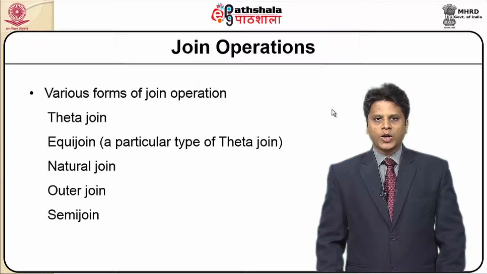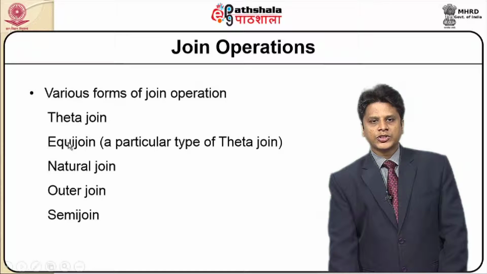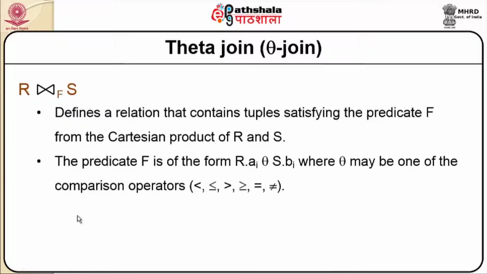There are various join operations to be performed, like theta join, equi-join, natural join, outer join and semi-join. First we will look at what theta join means. Theta join happens between two relations and is generally indicated with this symbol, where the predicate has to be mentioned.